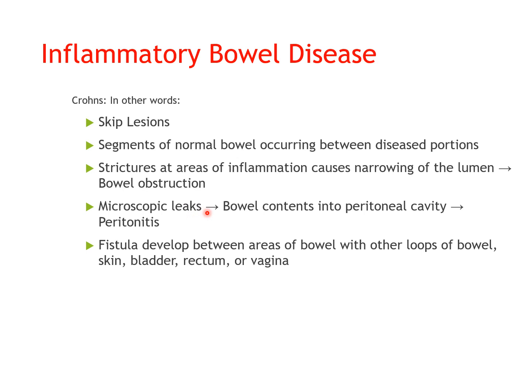And obviously, if any of this stuff leaks out, you're going to end up with things like peritonitis. You can get fistula formation, which can develop between areas of bowel with other loops of bowel. A fistula is just an abnormal opening, or an abnormal connection, between an organ or another tissue. So this can happen here as well. This is just a page letting you know all the weird things that can happen under Crohn's.